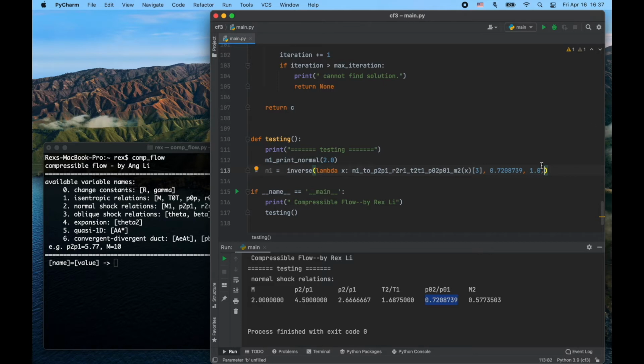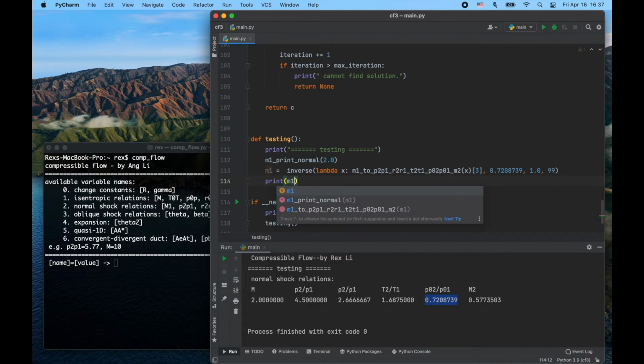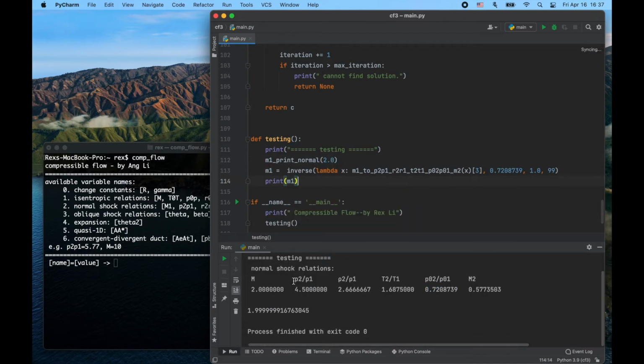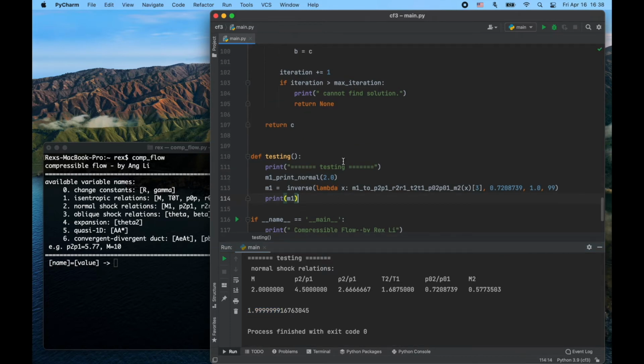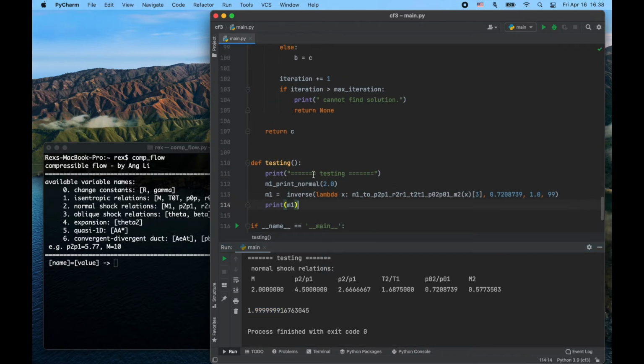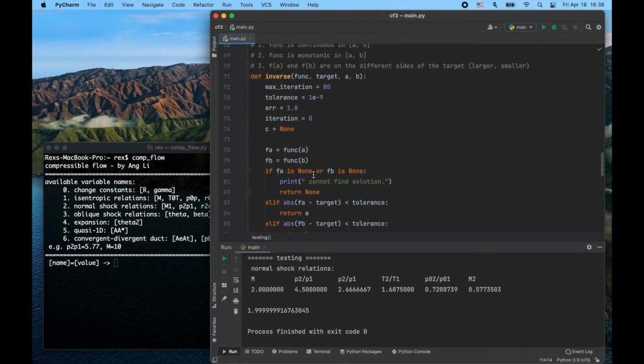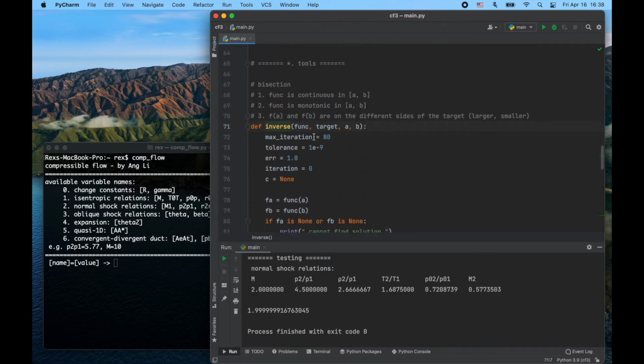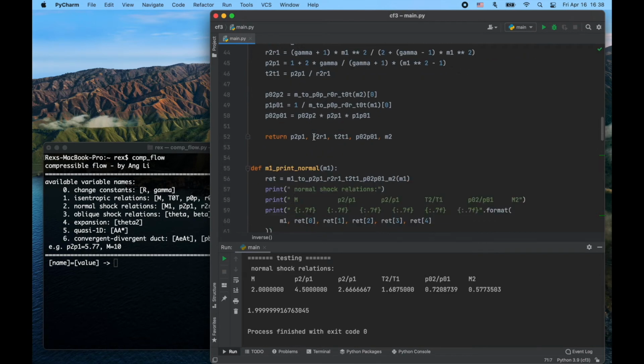So starting from 1.0 to, I give it maybe 99 is large enough. And let's see if M1 is indeed 2.0. All right, you see that the result is close enough to 2.0. By testing that, we are sure our inverse function works pretty well.